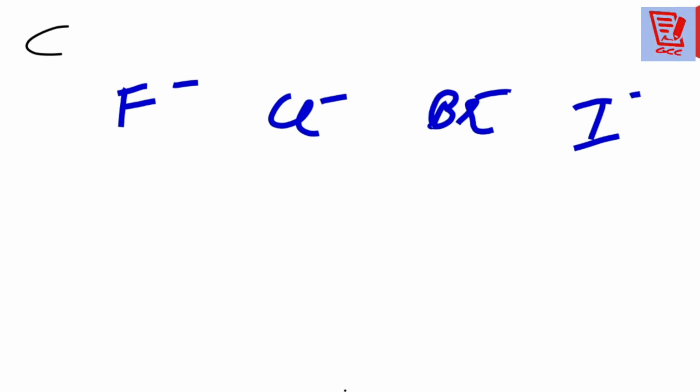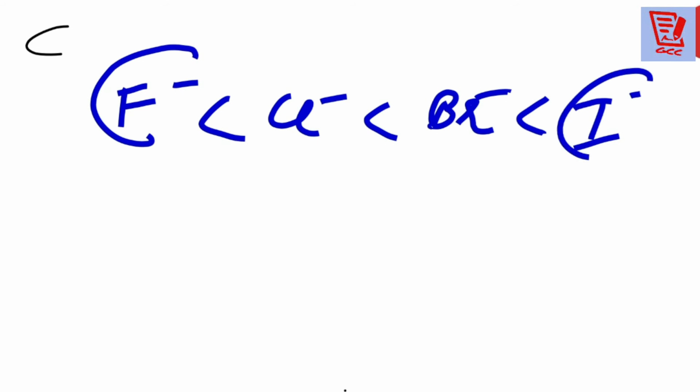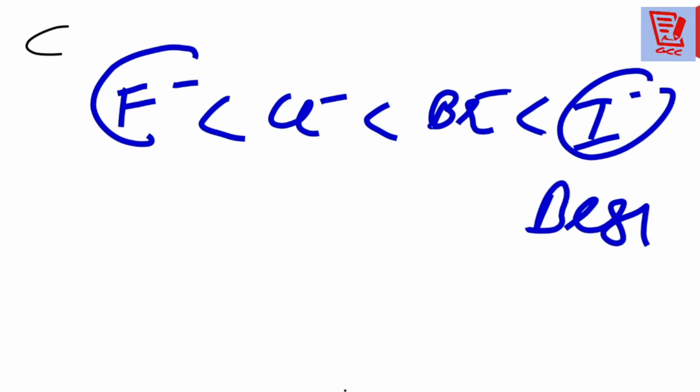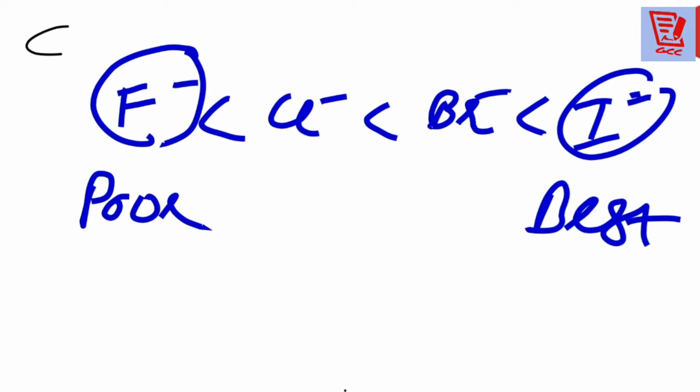All the halides are good leaving groups, but the best leaving group is iodine. F negative is a poor leaving group because it is not removed easily, as opposed to the large size of iodine. Is that clear?